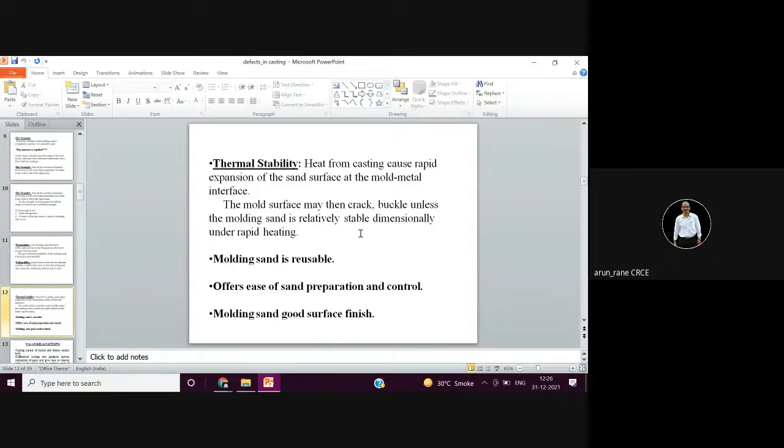Thermal stability, that is, stability at the temperature.